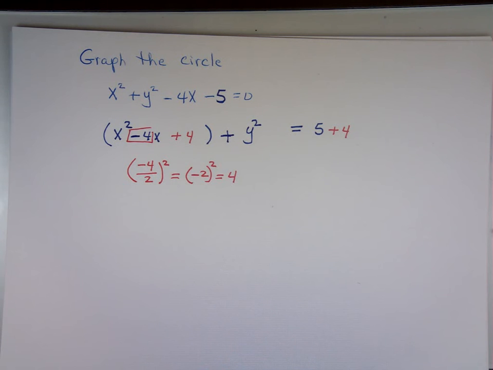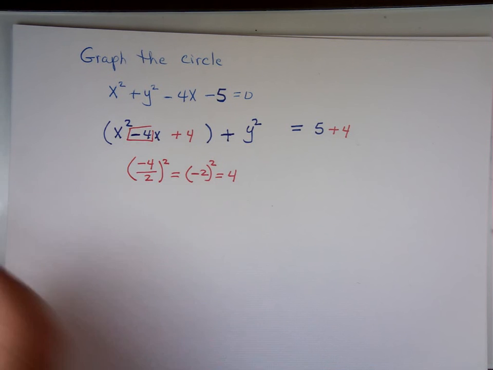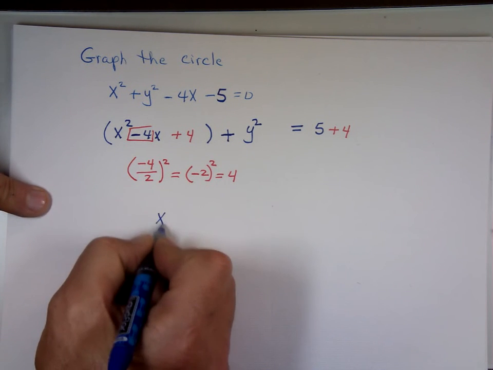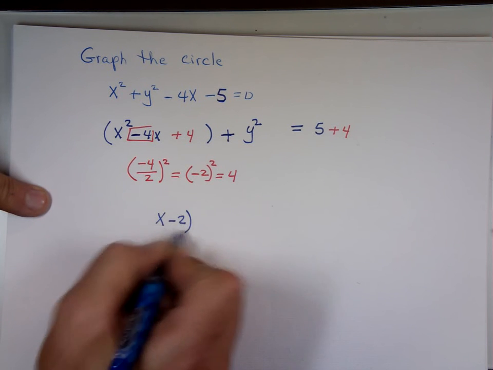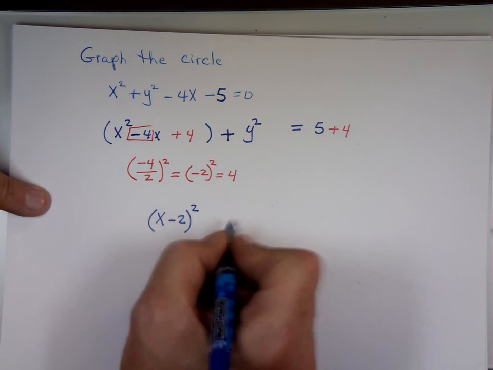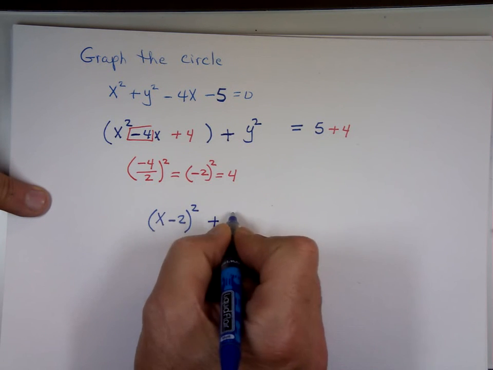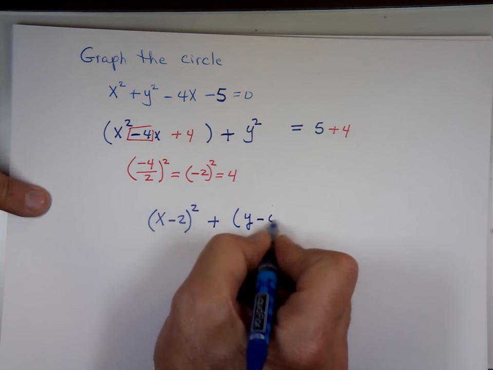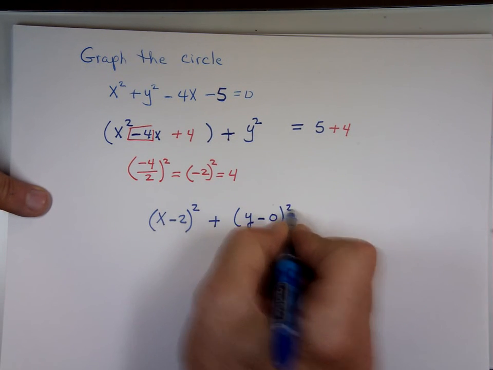Now, when I factor this, can I factor this? Isn't that x minus 2 times x minus 2? And there's nothing to subtract from y, so what do? y minus what? 0. Yes. And that number, isn't that 9?